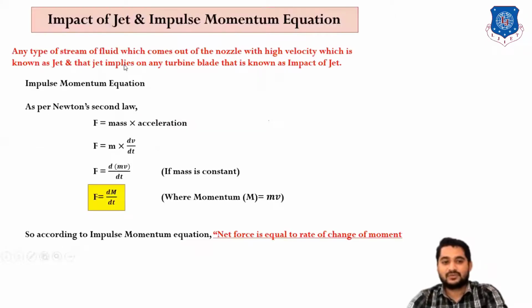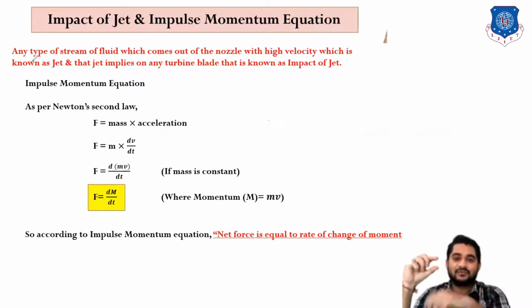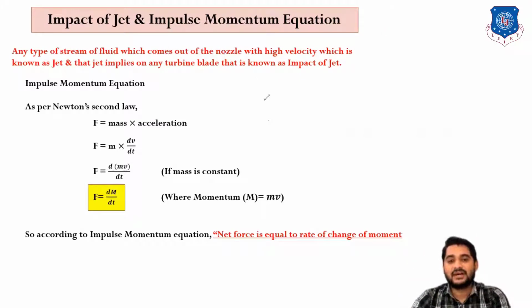So let us see first theory, impact of jet and impulse momentum equation. What do you mean by impact of jet? First of all, any type of stream coming out of any nozzle with high velocity, the shape of the nozzle is like this, converging shape. So area is reducing, and with the reducing area, velocity is obviously increasing.